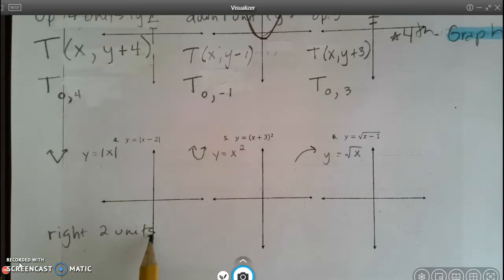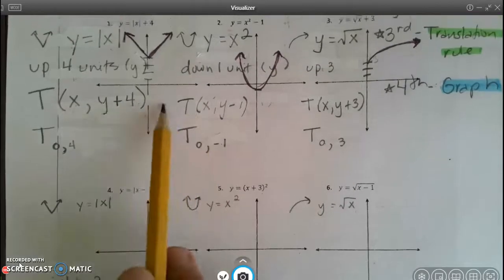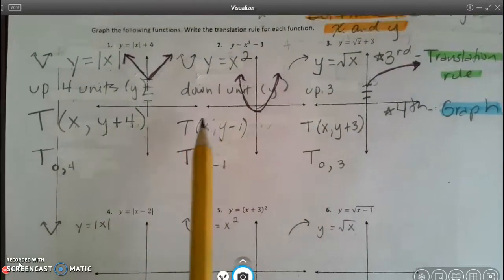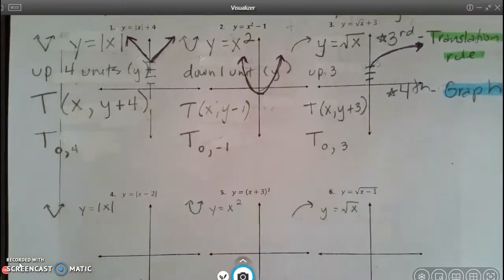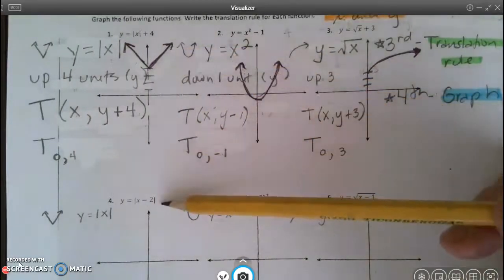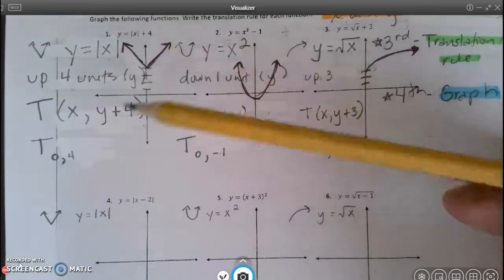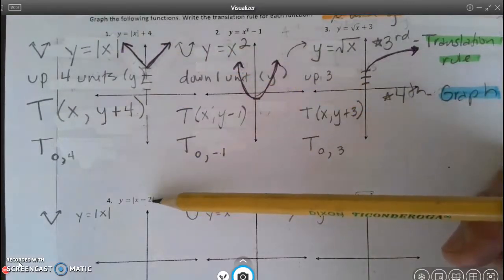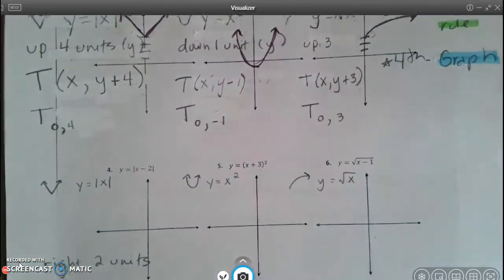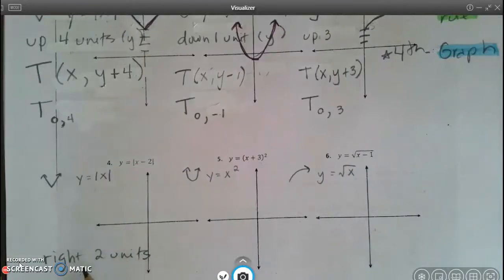Now the difference that I notice in numbers 1, 2, and 3, when they went up and down, versus this one going to the right, when I compare number 1 and number 4, here the plus 4 was outside of the absolute value, and here the minus 2 was inside the absolute value. It's the only difference that I notice. And I also then see that this went to the right, even though I would have thought minus would send it to the left. This is what it's telling me is going to happen.